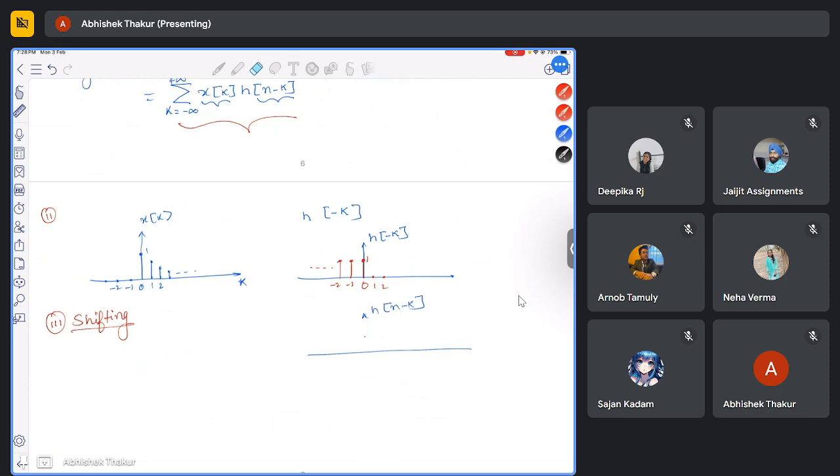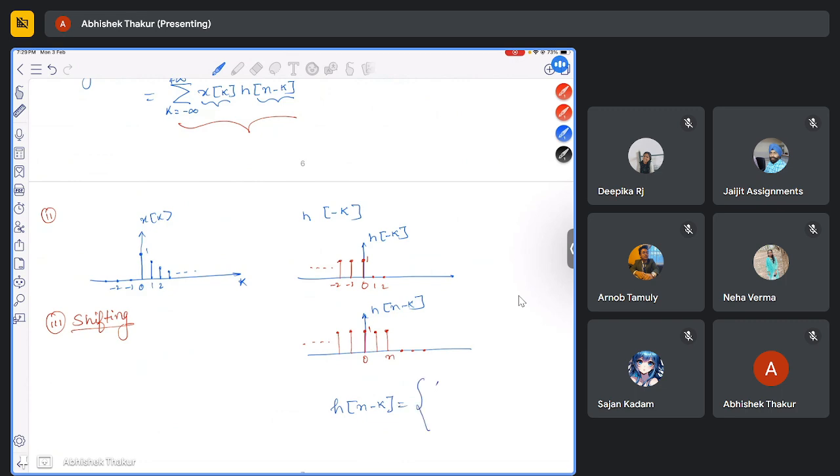So this is our h of n minus k. And what will be the value of h of n minus k?